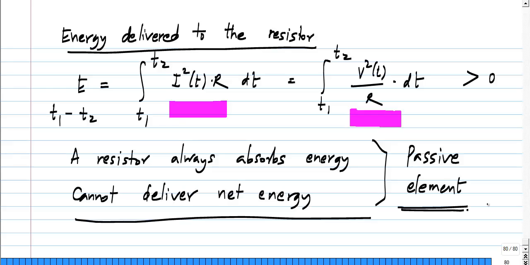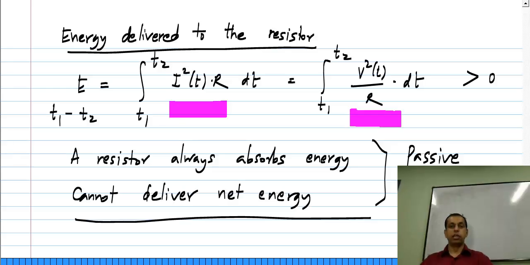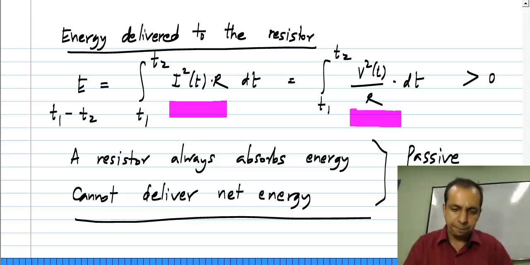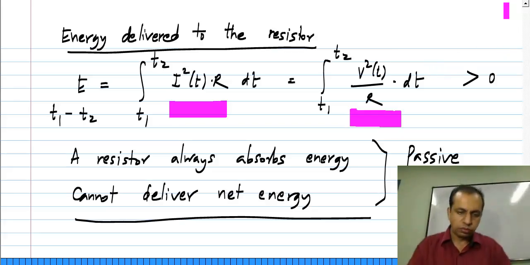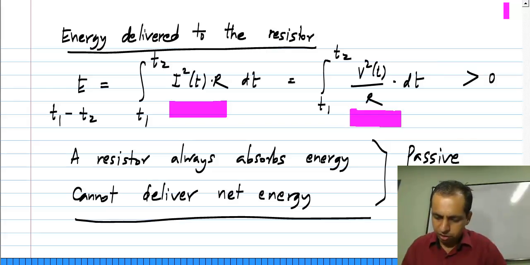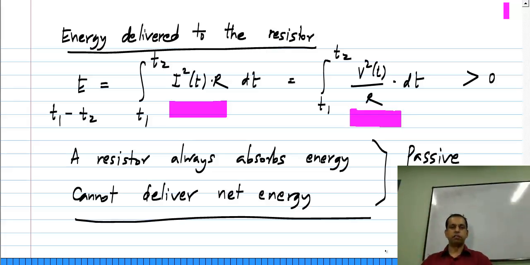Okay. So, a resistor only absorbs power, which consequently means that it can only absorb energy, it can never generate energy and provide it to the rest of the circuit. Okay. Here of course, we are considering resistors with a positive value. A physical resistor always has a positive value. So, here I have to mention that we consider R more than 0. Okay. So, such an element is known as a passive element.